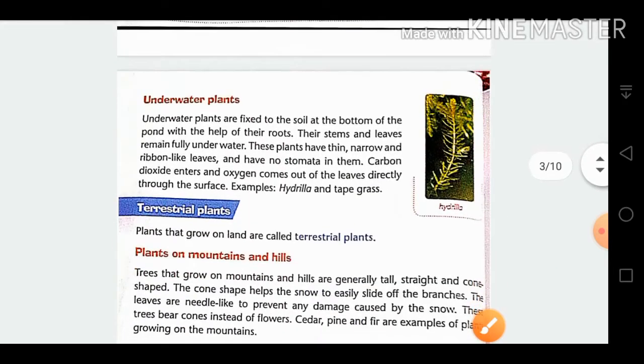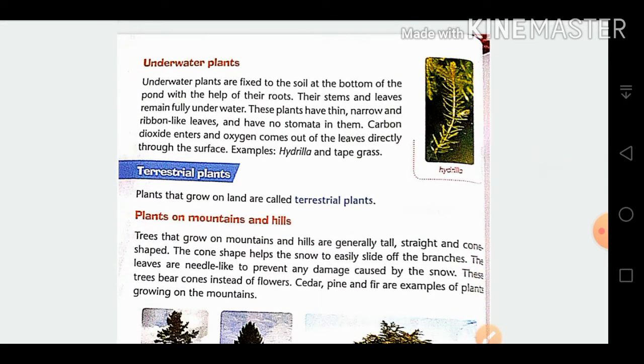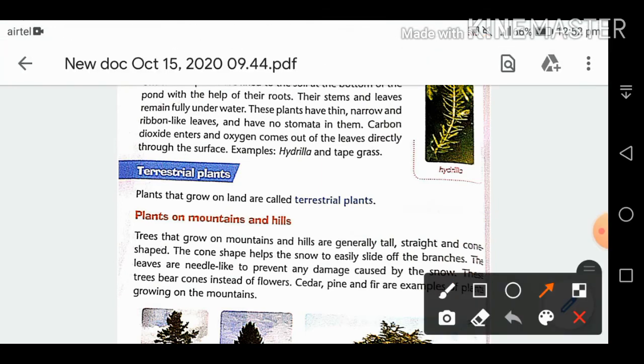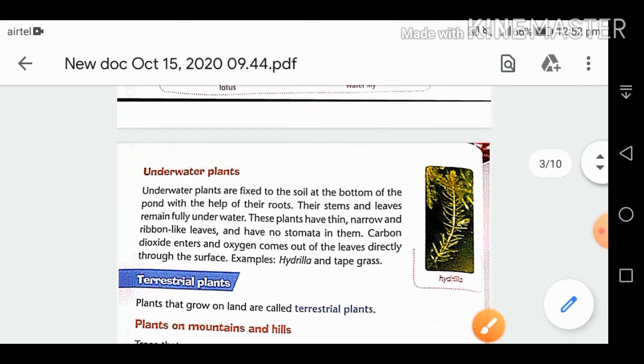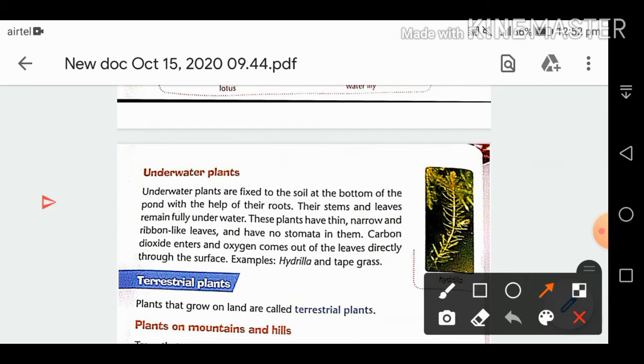The next is underwater plants. They are completely underwater, and they are fixed to the soil present at the bottom of a pond or any lake.